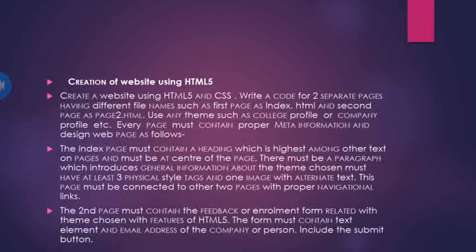When you click on that part, it will relocate you to the first page. So in this way, it is up to you. You can use any profile, any theme, and design the web page accordingly. And after that, save the code of that website, and also save the output by taking snapshots.